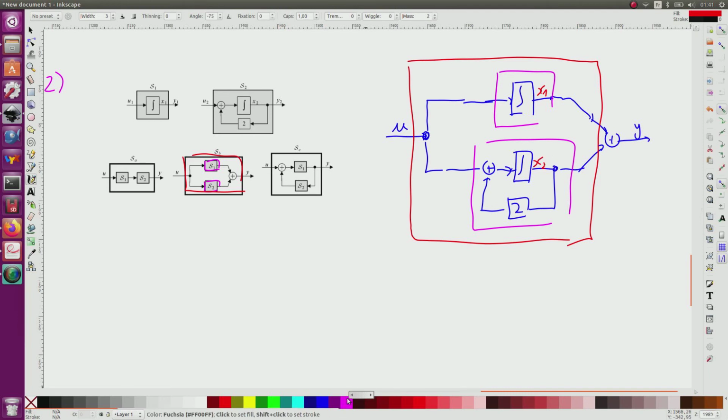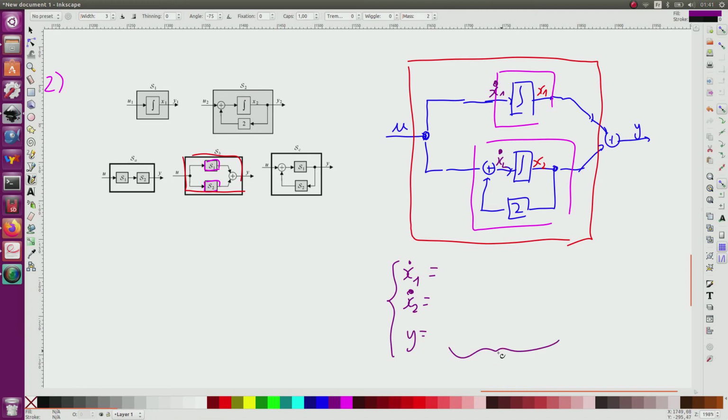To obtain the state equation, I should write x dot 1, x dot 2, and y also.